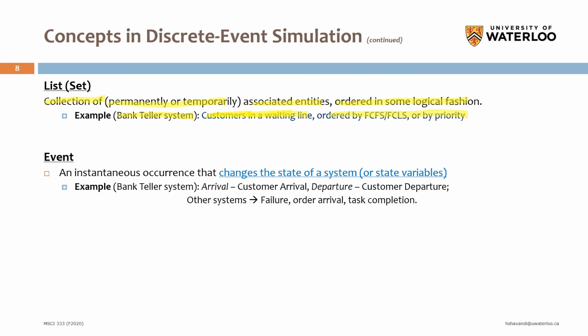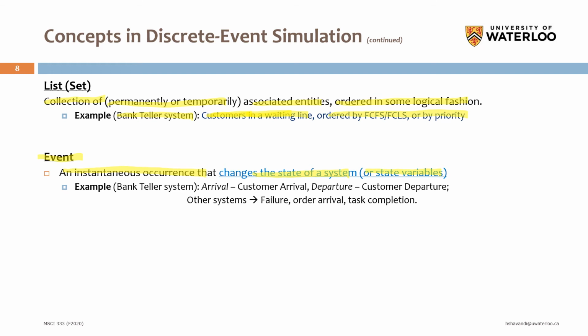The event. After defining the entities, the attributes, and the sets, all of which are related to entities, now it's time to define the events. An event is an occurrence that changes the state of a system or a state variable.